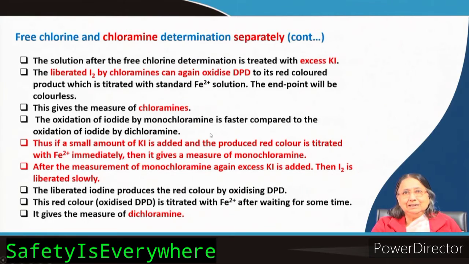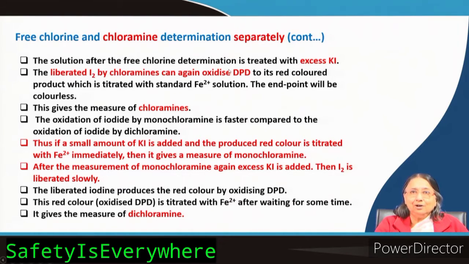So, that is written here step by step. The solution after the free chlorine determination by the DPD method is treated with excess KI. You add KI there, excess KI. What will happen? Iodine is liberated by chloramine. You have seen in the previous slide that iodine is generated from KI quantitatively by chloramine. So, iodine will be liberated. That liberated iodine can again oxidize DPD.